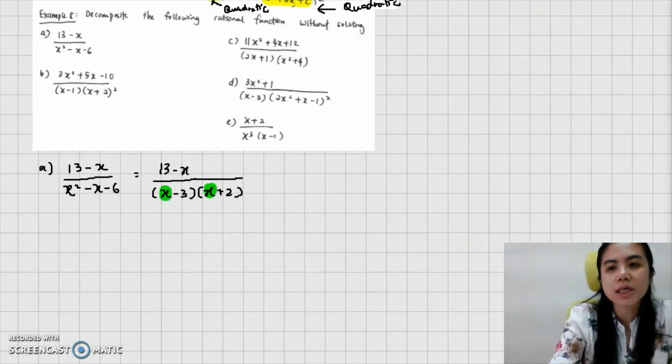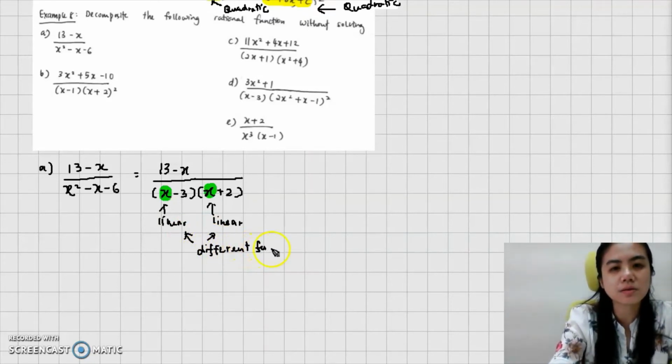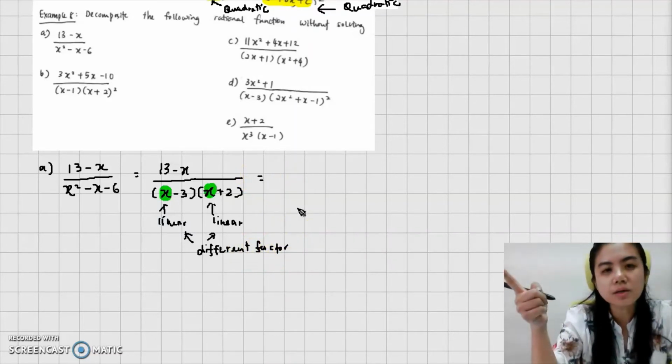So that's why we say they are actually linear. This is linear and this is linear. But because this one is x minus 3 and this is x plus 2, both of them are having different factors, because you have different numbers at the back. So basically it falls into type number 1. You have linear and you have different factors.